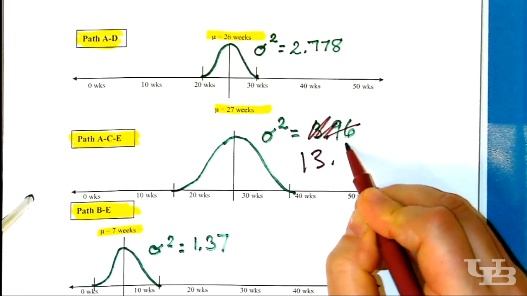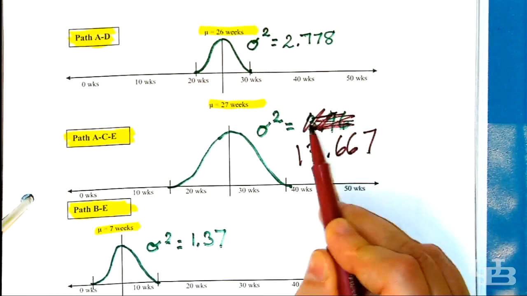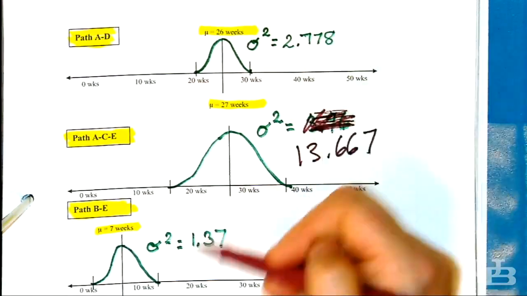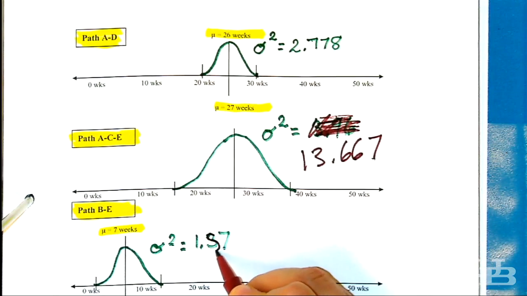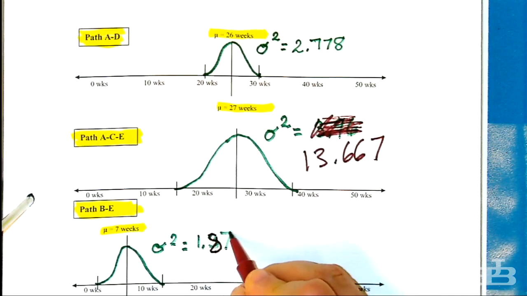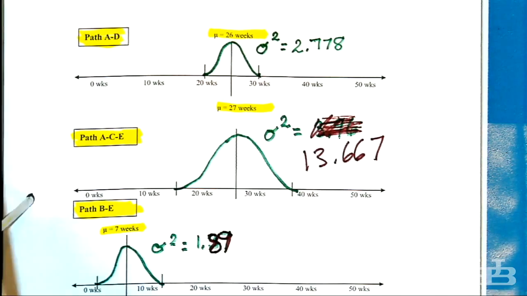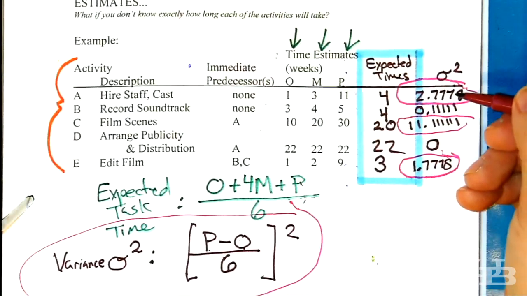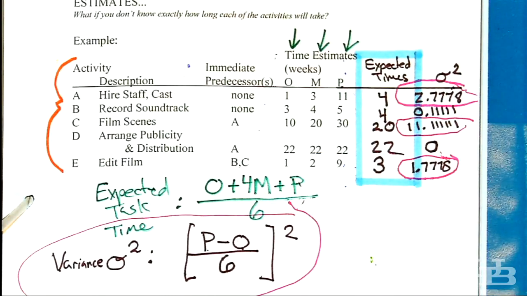It was 13.667. I was looking at the wrong number. These two are right. Variance is 1.89 here. That was the standard deviation, the square root of the variance. There we go. So the variance in a path is the sum of the variances along the path.